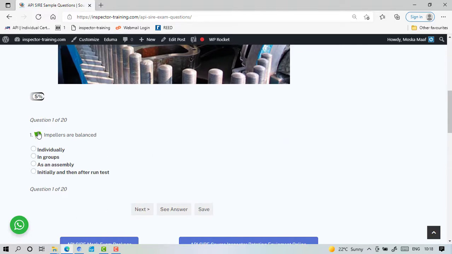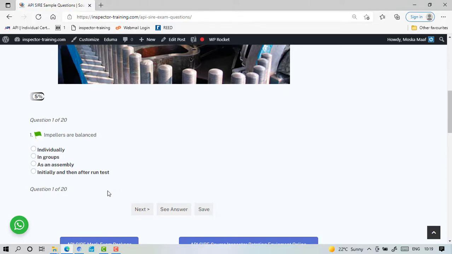You have a flag here, and it's question 1 of 20, and all our mock exams are timed. This one is shown in percentage of questions answered, and you have a next button and previous button. Then you can see the answer immediately, which is not in API obviously, but if you are interested, you can save it, and at the end you can see how much you scored.